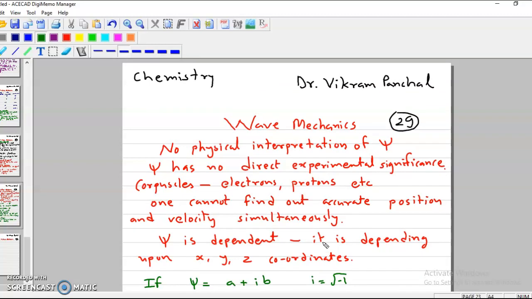According to Max Born, psi square represents the probability density for finding the particle at any point in space.